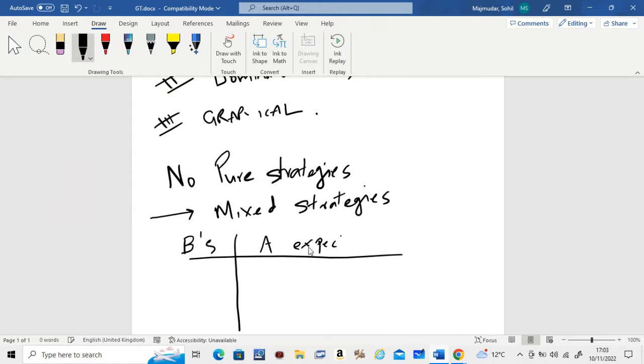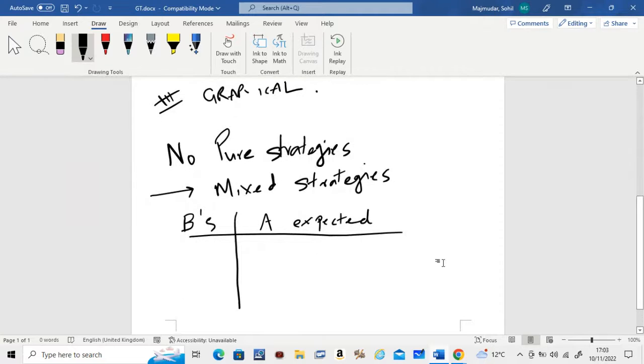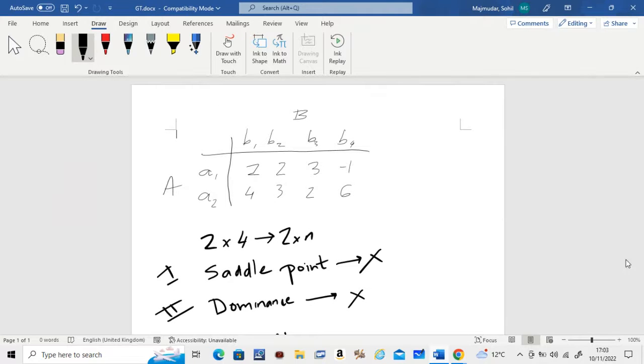Whichever player has only two strategies, and in this game player A has 2 strategies, we will find that player's expected strategies. And we'll assume that B has pure strategies, which are B1, B2, B3, and B4 from the given table.